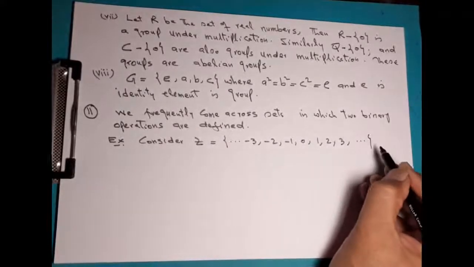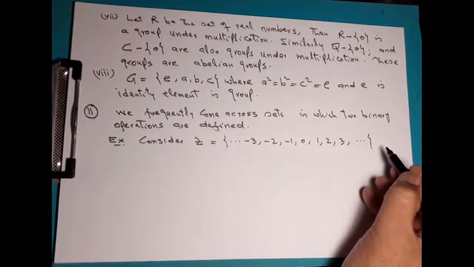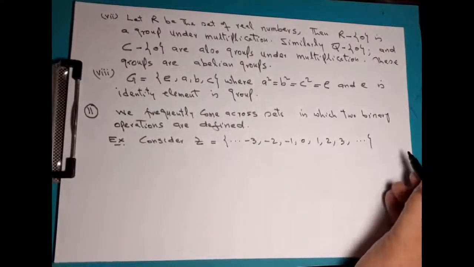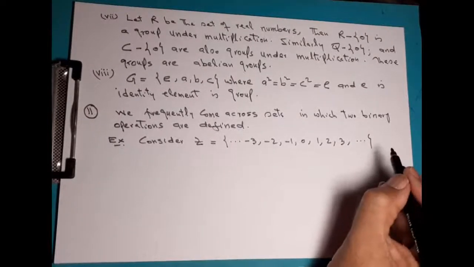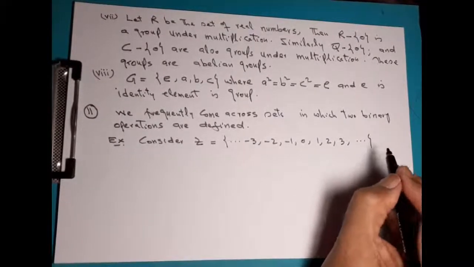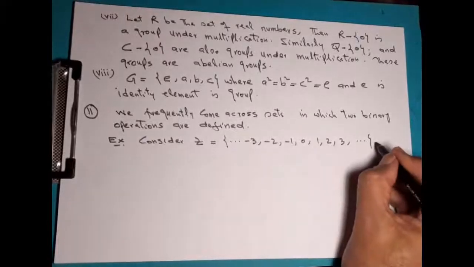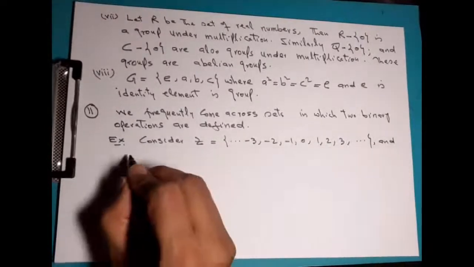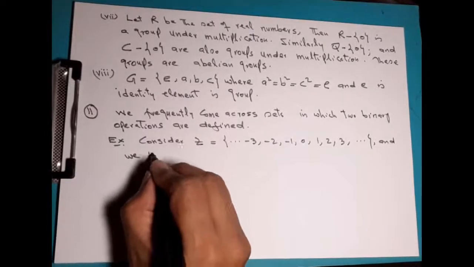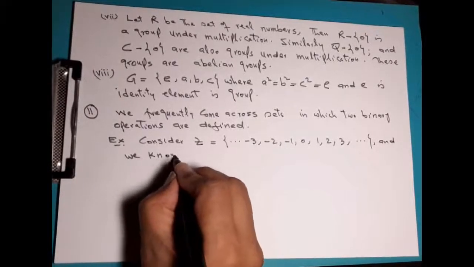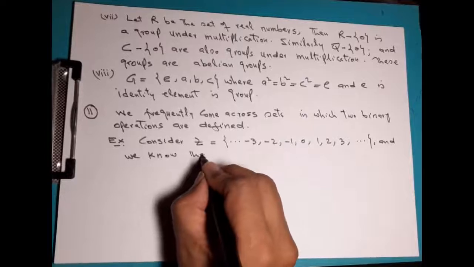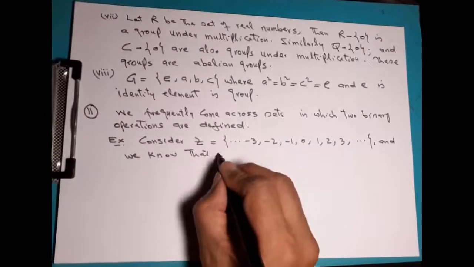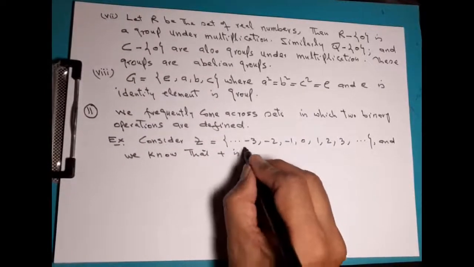We know that addition is a binary operation in Z, and Z is an abelian group under addition.